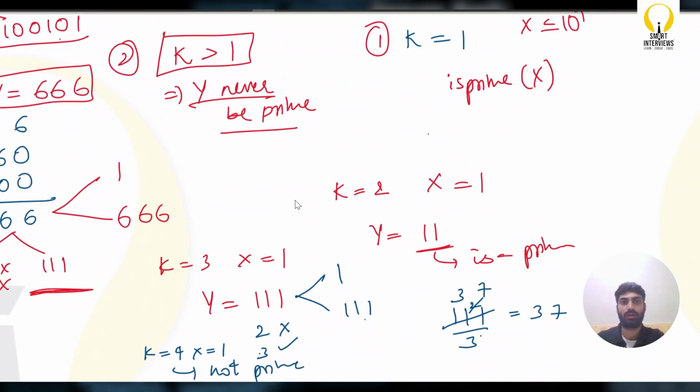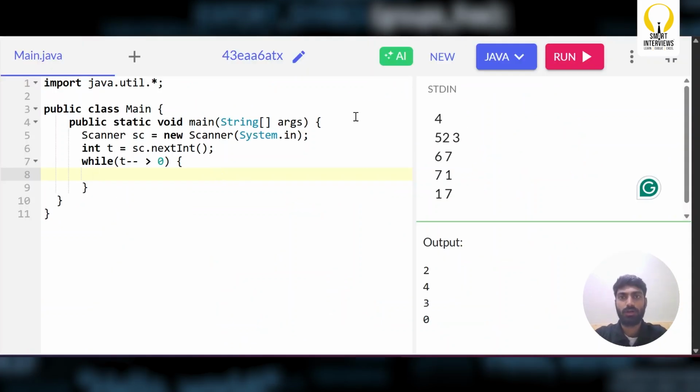This is first case, second case and third case. Just the conditional statements. If k is 1, just call is prime. If is prime is coming out to be true, print yes. If it is false, just print no. That's it. Okay, so let's code it.